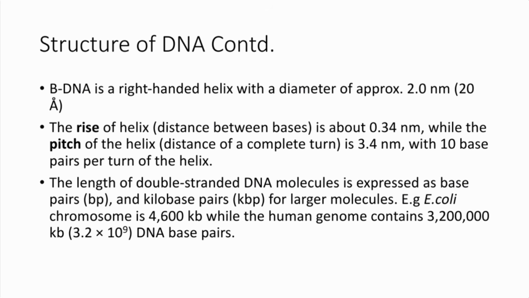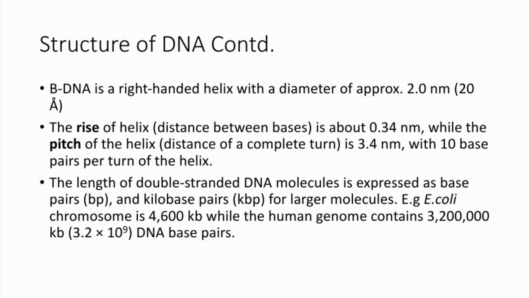So the main conformation of DNA is B-DNA, and it is a right-handed helix with a diameter of approximately 2 nanometers. The rise of the helix, the distance between the bases, is about 0.34 nanometer, while the pitch, which is the distance of a complete turn, is around 3.4 nanometers with 10 base pairs per turn of the helix.